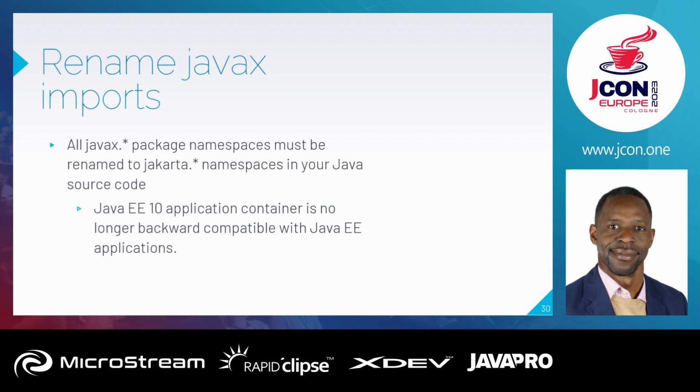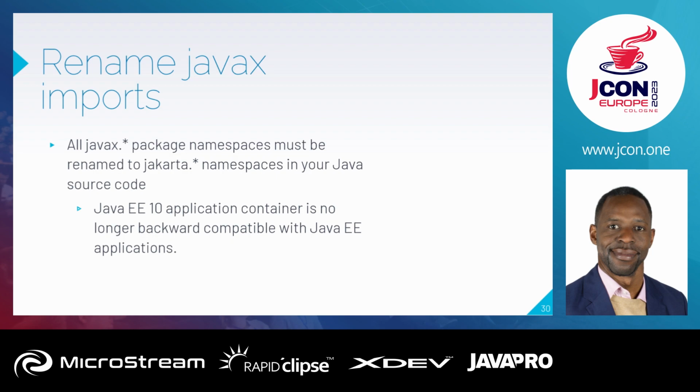Once you get there, anything that's still got the javax package name will break. So since JakartaEE 9, they never made it backward compatible with every javax library or module.